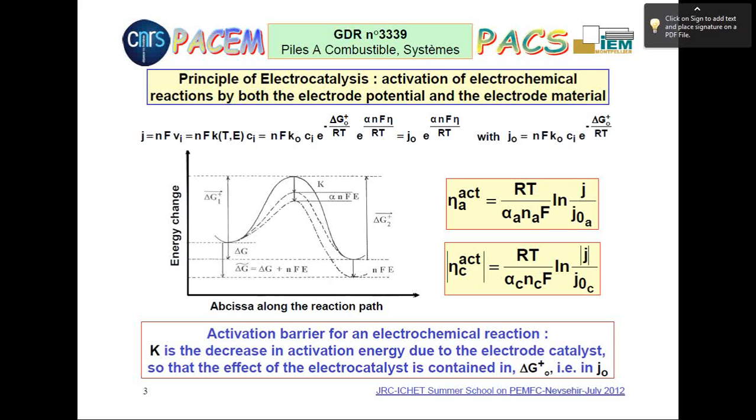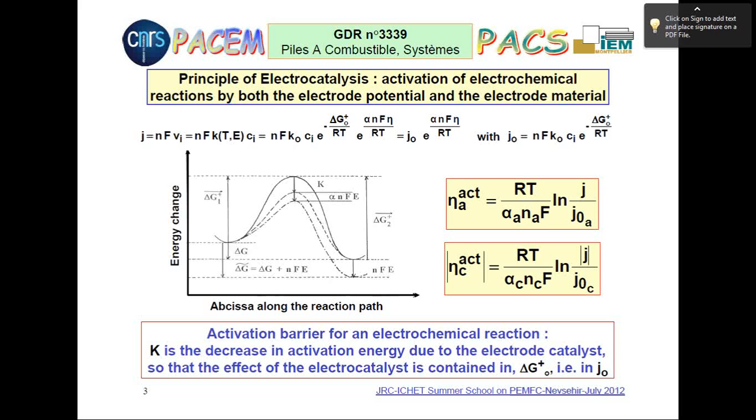Normally, if you have a spontaneous reaction, the final state must be lower in energy. In electrochemistry, we can change the relative energy between the initial and final state by the electrical energy. So you have here the electrical energy, number of Faraday, times the cell voltage.